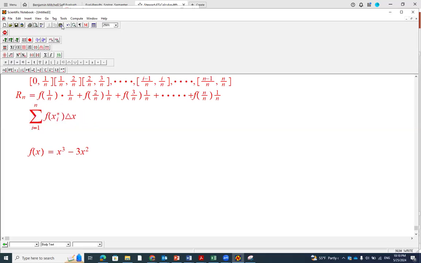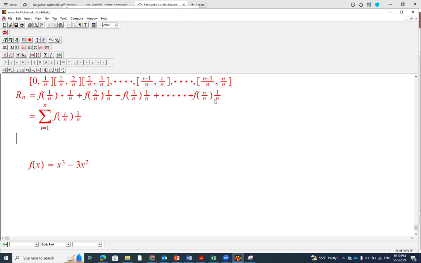We haven't taken limit yet. f of xi star, which is the right endpoint, is going to be i over n. You can use the notation just for convenience. So 1 over n. Okay, so it runs from 1 to n, right?